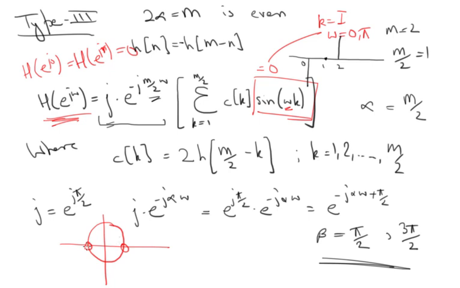You will have 2 zeros here for type 3 FIR systems. So what does it represent? It represents you cannot use type 3 FIR filter as low pass or high pass filters, because its response may look like this.